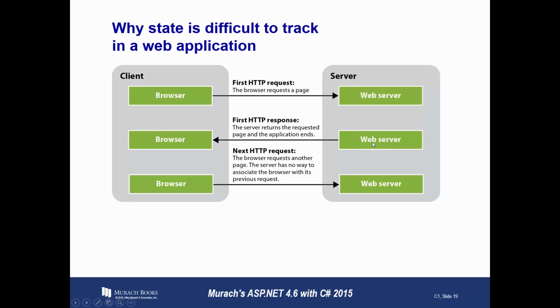Next, the web server answers. So it returns the requested page using HTML, and then as far as the system is concerned, the application has ended. So if the browser goes and requests another page, the server has no way of knowing that request came from the same browser that requested this.